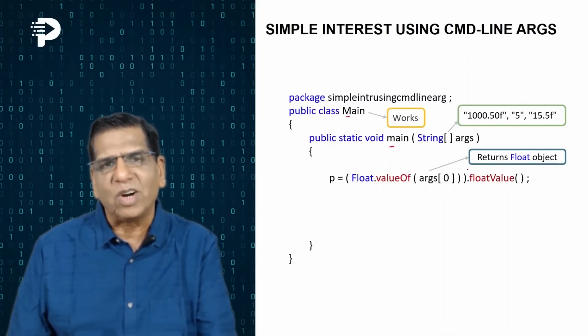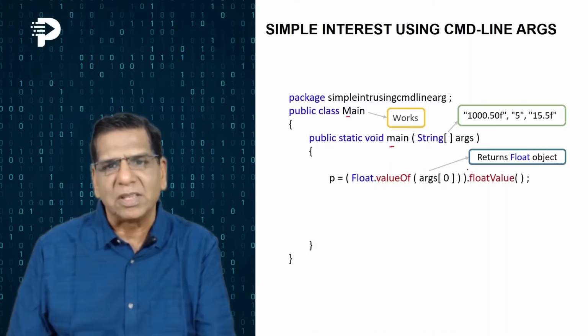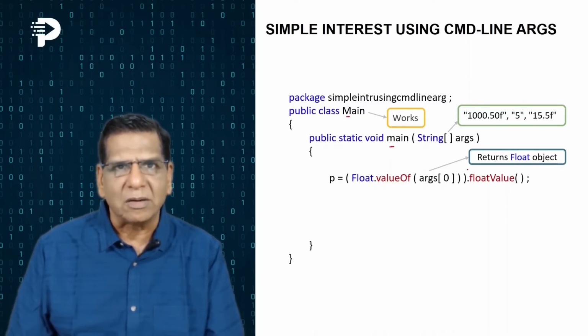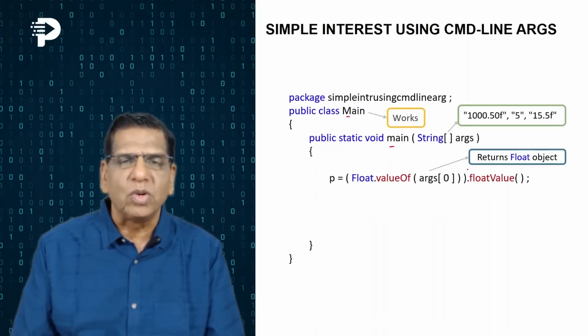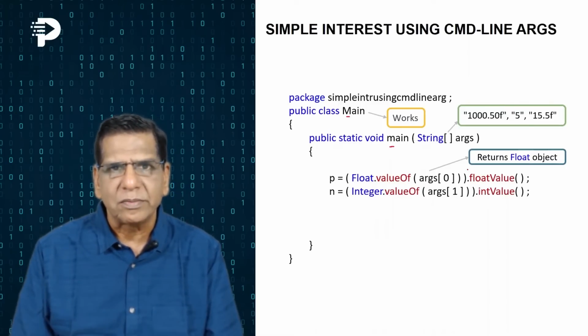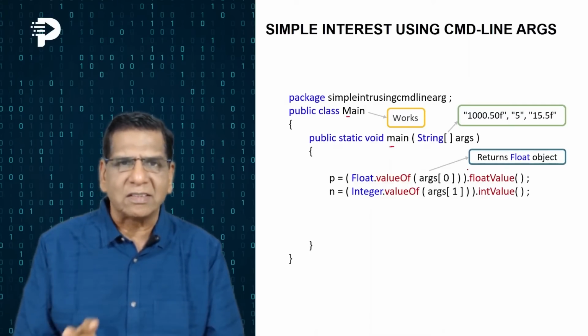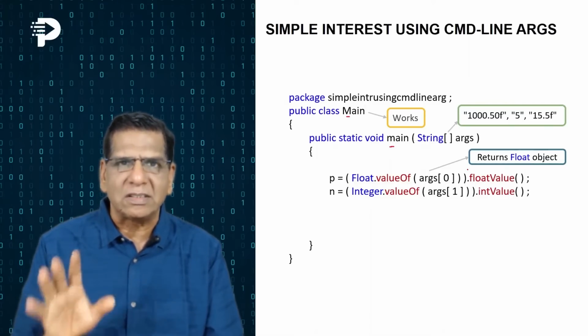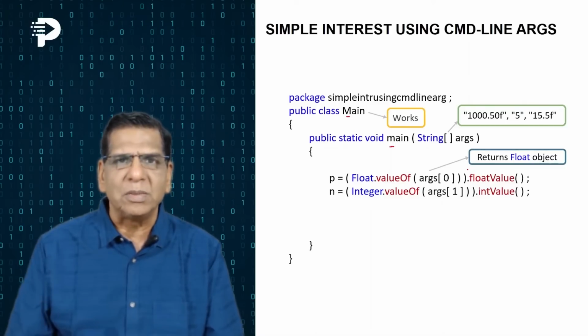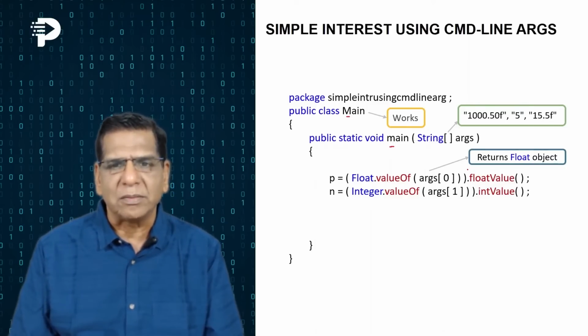When I say object.method, it's the instance method. When I say class.method, it means it's a static method. When we do object oriented programming, it will be amply clear to you what really is the difference between a static method and an instance method. Right now, just get used to the syntax. Class.method means it's a static method. Object.method means it's an instance method.